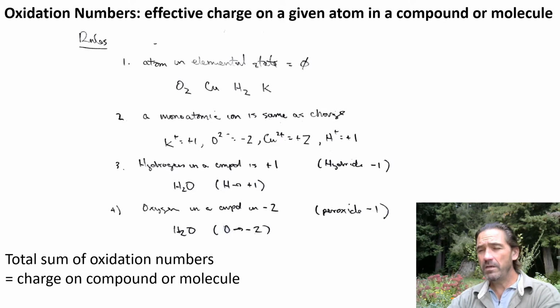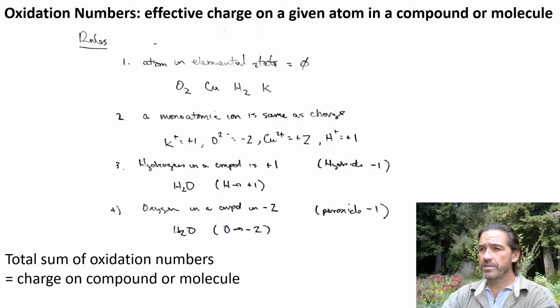But within a molecule or compound, we're using the idea of electronegativity to assign electrons to an individual atom. These are 4 simple rules that we'll follow, and they will help us determine the oxidation numbers for atoms within a chemical equation.